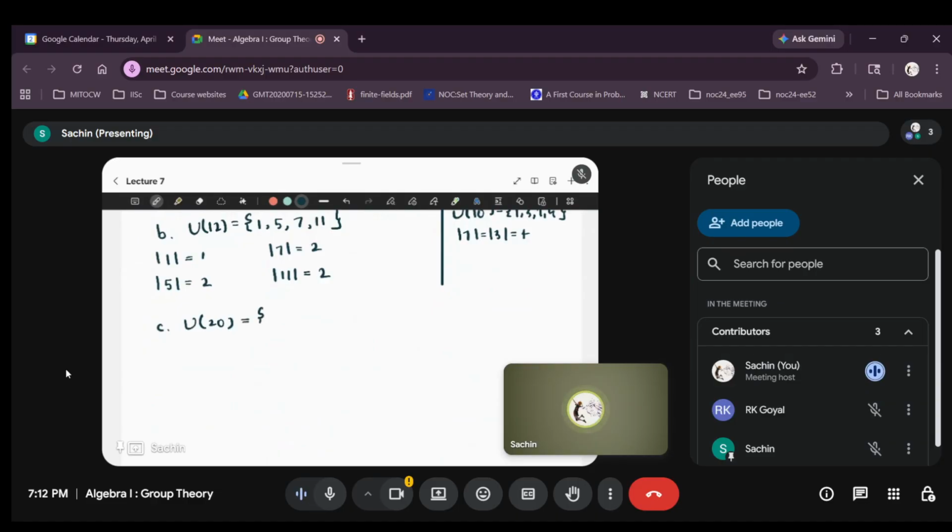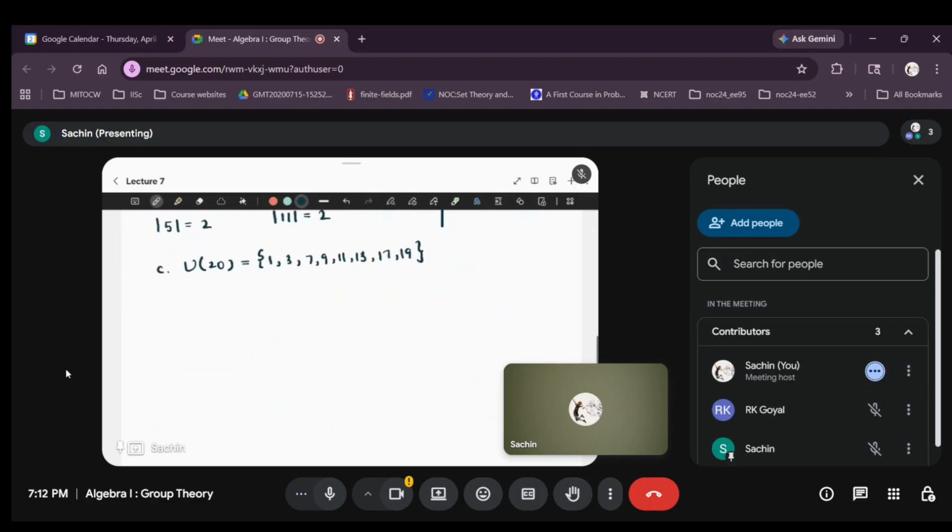U of 20 will be 1, and so on. So order is here 8.